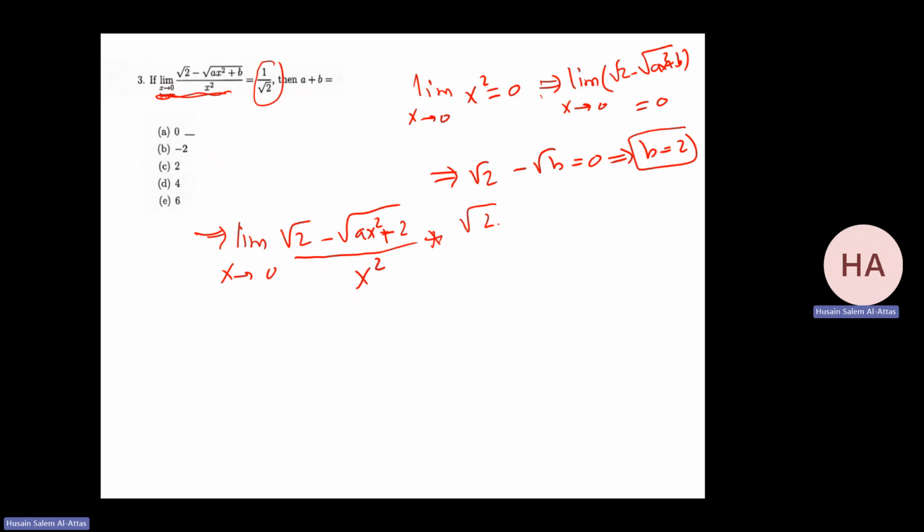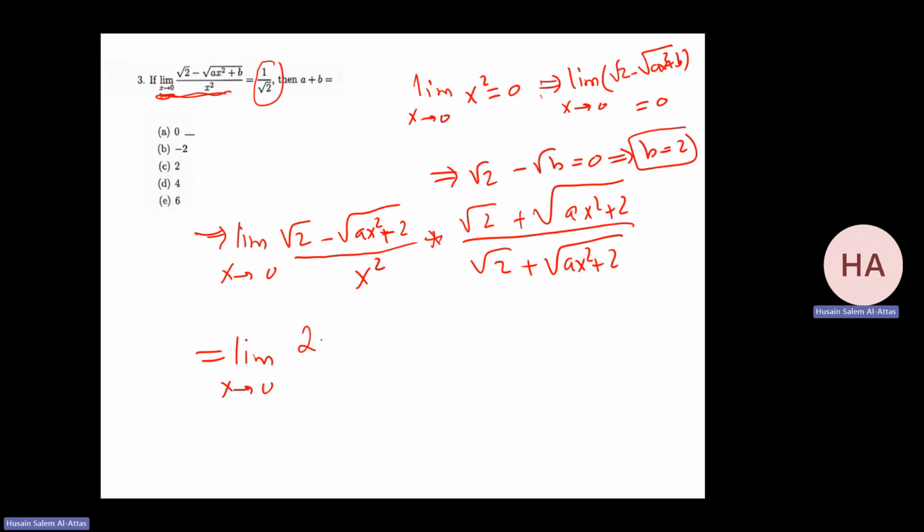Let me do it by rationalizing. The answer should be equal to 1 over square root of 2. I multiply by square root of 2 plus square root of ax squared plus 2 over itself. So that will be the limit as x goes to 0.